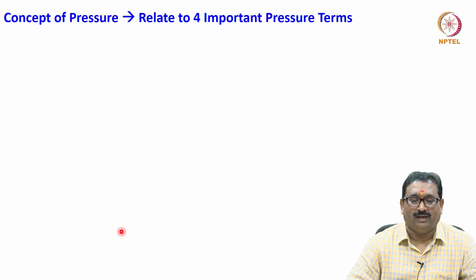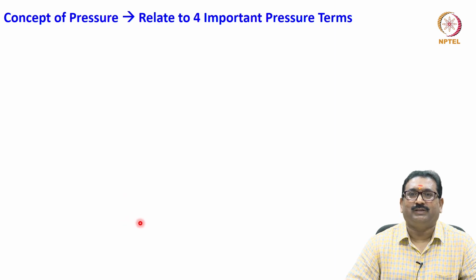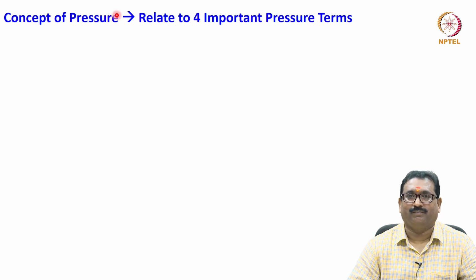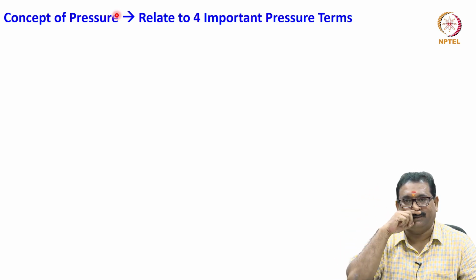Now quickly we will see some of the terms associated with pressure. In oil hydraulics, we already know that for incompressible fluid, the pressure P we are using is proportional to H, the height of the fluid, irrespective of the container size, as we have seen.